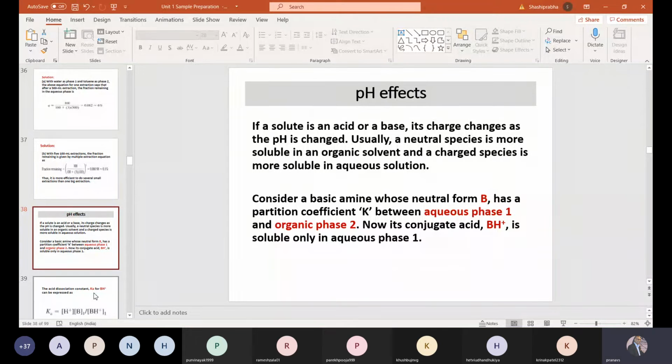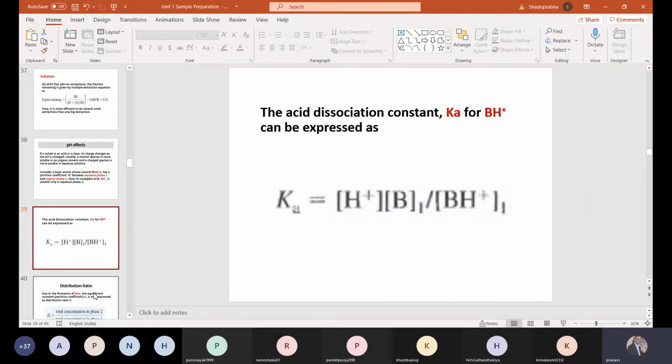So we need an expression which takes into account the possibility of formation of ionic species like BH plus in an acidic medium for a base. There has to be some change in the expression. That is what we will learn from this.